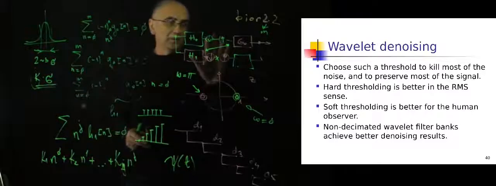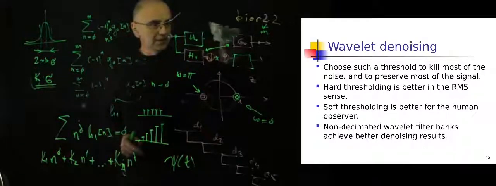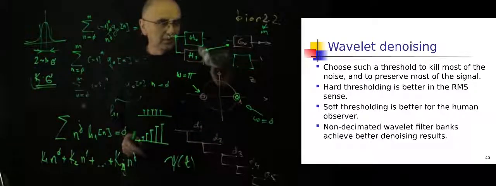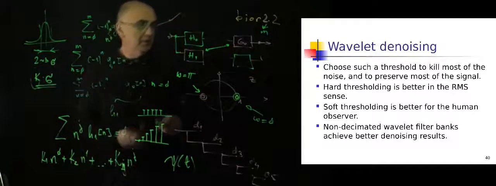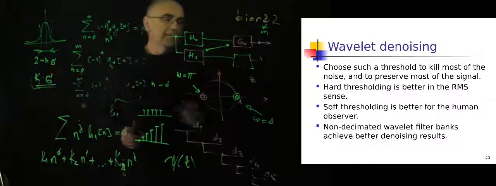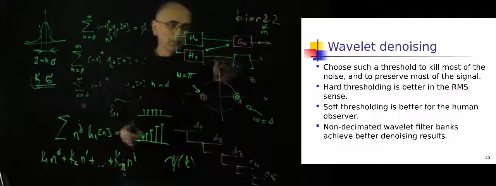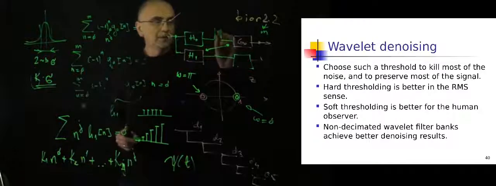If you just abandon these decimators, you are going to get a quite redundant decomposition, but you can of course continue your decomposition in the low pass branch.